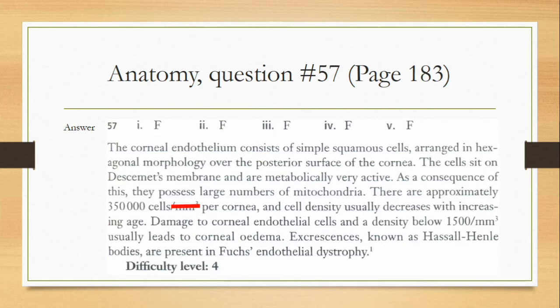It's not cells per millimeter square, but just the total amount of cells per cornea. And also it says that damage to the corneal endothelial cells and the density below 1,500 per millimeter cube usually leads to corneal edema.